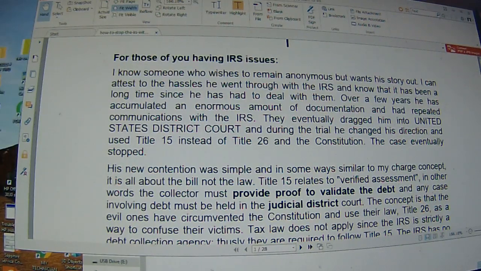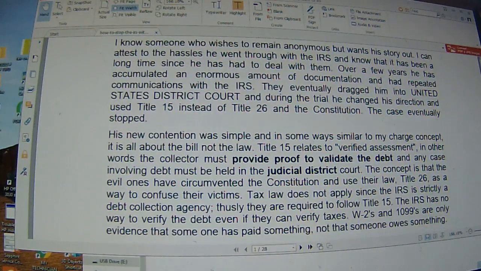The concept is that evil ones have circumvented the Constitution and used their law, Title 26, as a way to confuse their victim. Tax law does not apply since the I.R.S. is strictly a debt collection agency. Thusly, they are required to follow Title 15. The I.R.S. has no way to verify the debt, even if they can verify taxes. W-2s and 1099s are only evidence that someone has paid something, not that someone owes something.